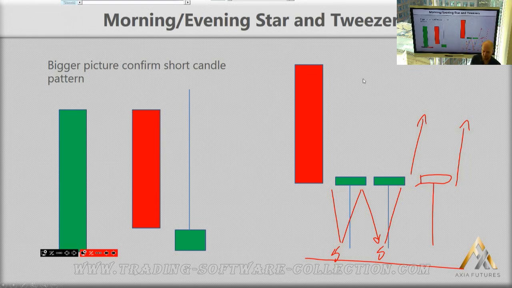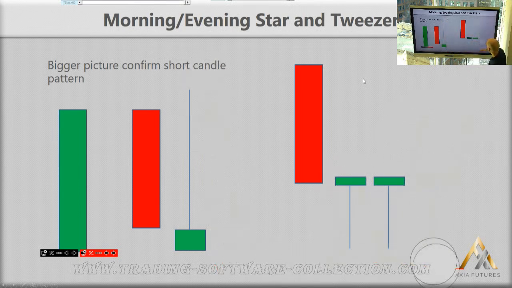Now, if you're using that shorter-term entry point, you may well have a 5-minute candle that looks like that just there, and that gets you in here before everyone else then piles in through the low. Same principle with the tweezer candles as well.